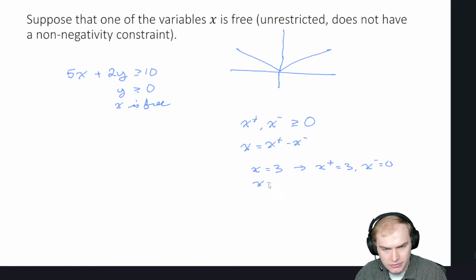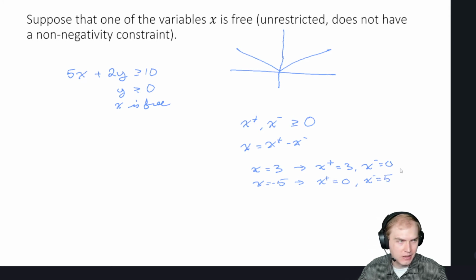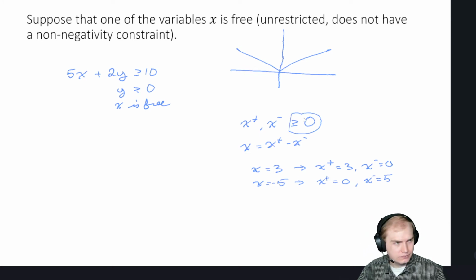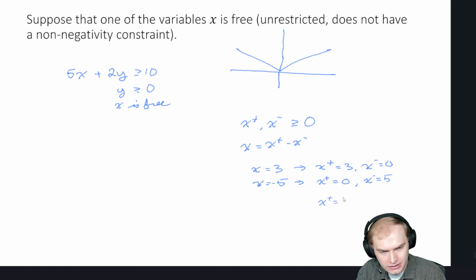If x equals negative 5, we get x plus equals 0, x minus equals positive 5, because x minus needs to be non-negative, because we want all of our variables to be non-negative. Now you may notice that we could also have x plus equals 1 and x minus equals 6, and that would work.